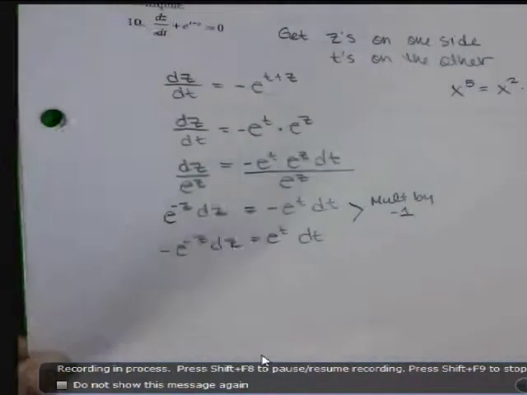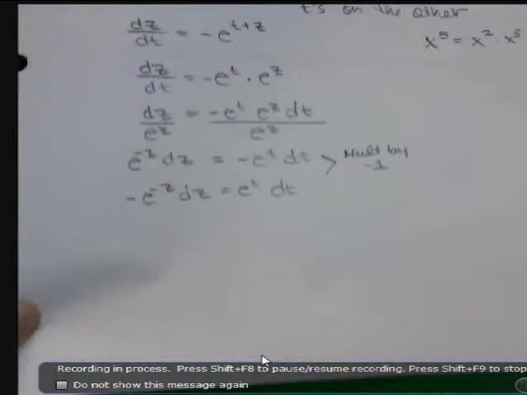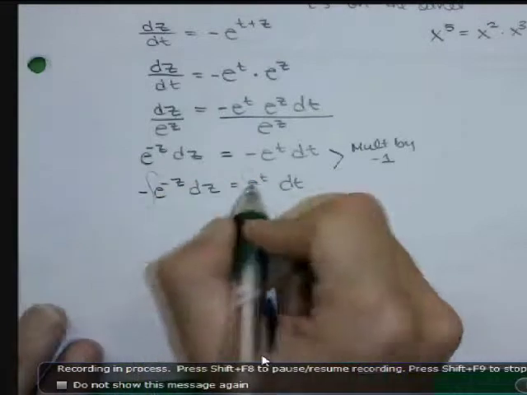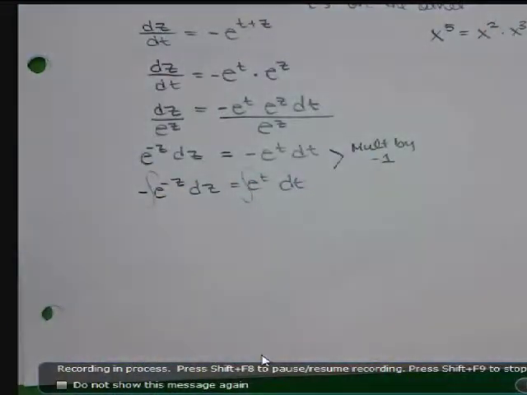Once you have the variables separated, that's why they call it separable equations, then just think of putting integral signs in on each side. So the right-hand side, the antiderivative of e to the t is just e to the t.